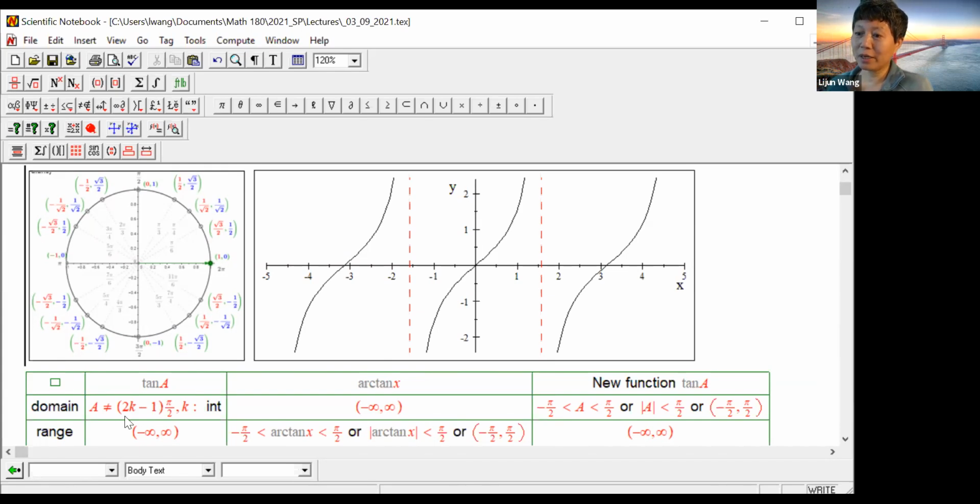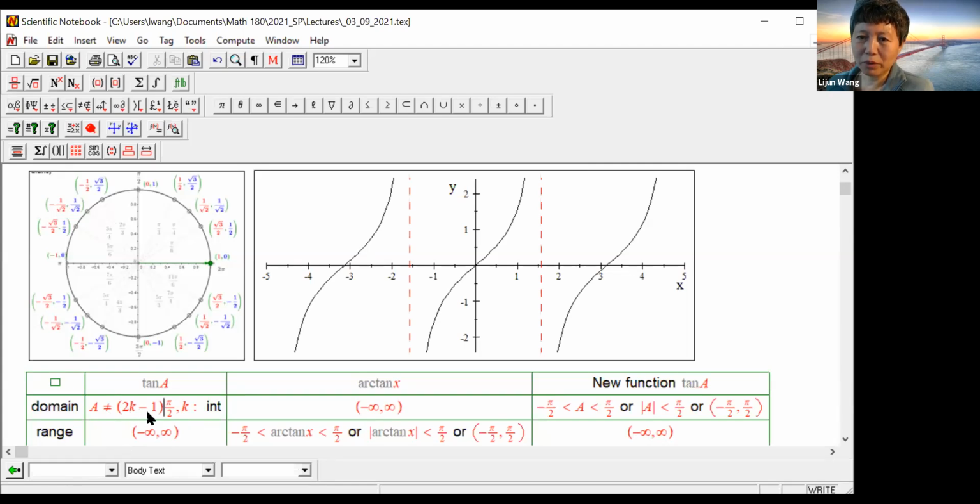We talk about that the domain for tan, the odd multiples of pi over 2, they are gone. Did you guys notice I write the domain for tangent in a slightly different form? Do you think this will work?